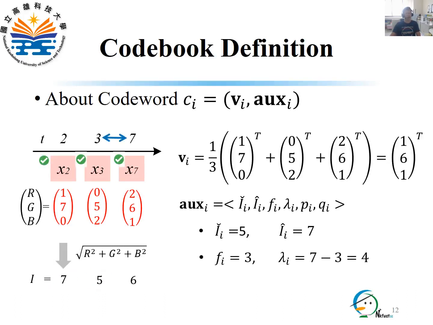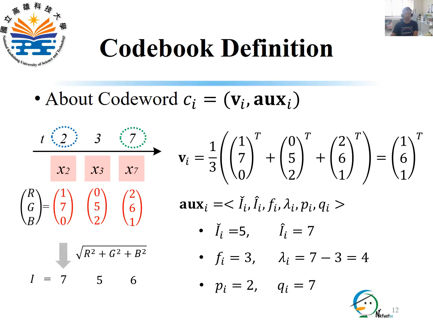The frequency f is 3 because there are 3 samples in this cluster. Since the longest time interval that this codeword has not recurred is from time 3 to 7, lambda is 7 minus 3, equal to 4. The first and the last access times P and Q of this codeword are 2 and 7.